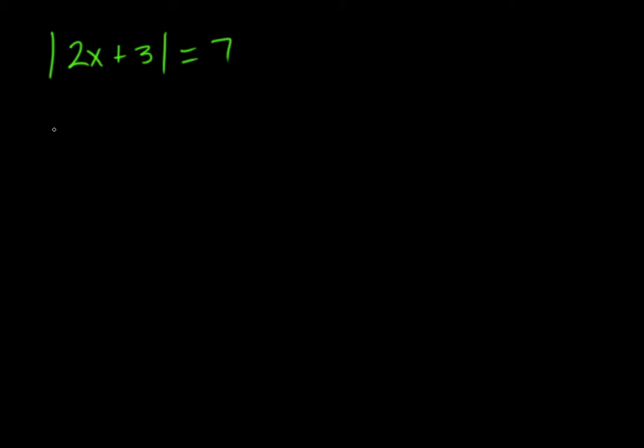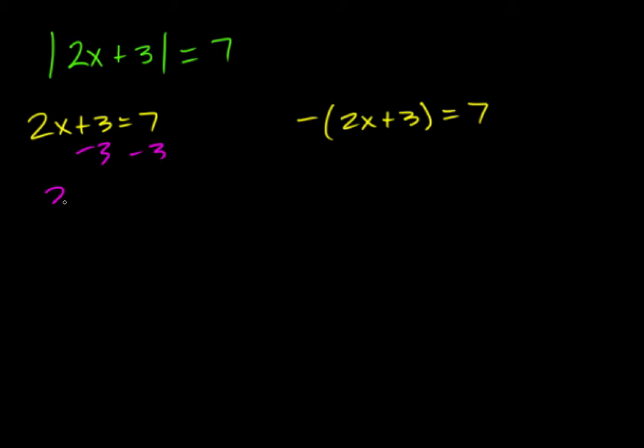And so what I'm going to do is I'm going to treat it like 2x plus 3 equals 7. And I'm also going to treat it like 2x plus 3 quantity negative equals 7. And we just solve both of these. Distribute the negative.